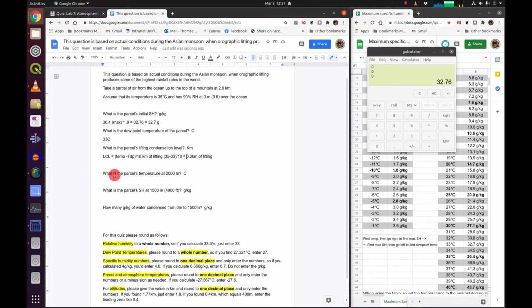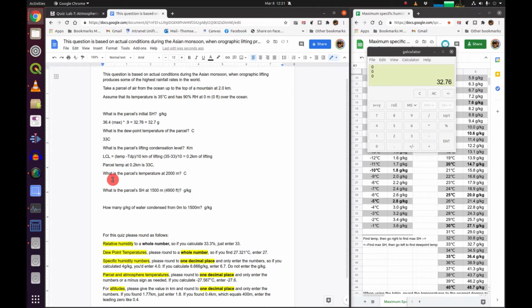And now we want to know what's the parcel's temperature at 2,000 meters. So I'm going to put parcel. So we know the parcel's temperature at 0.2 kilometers is 33 Celsius.